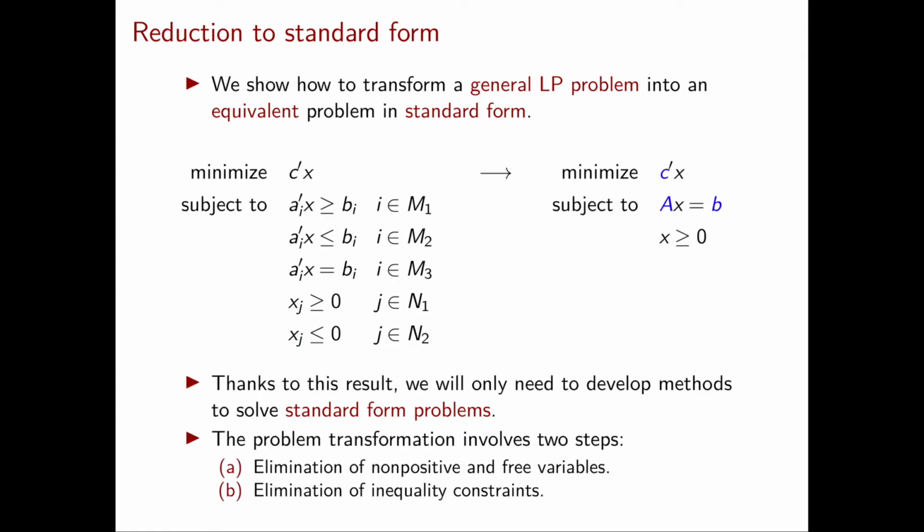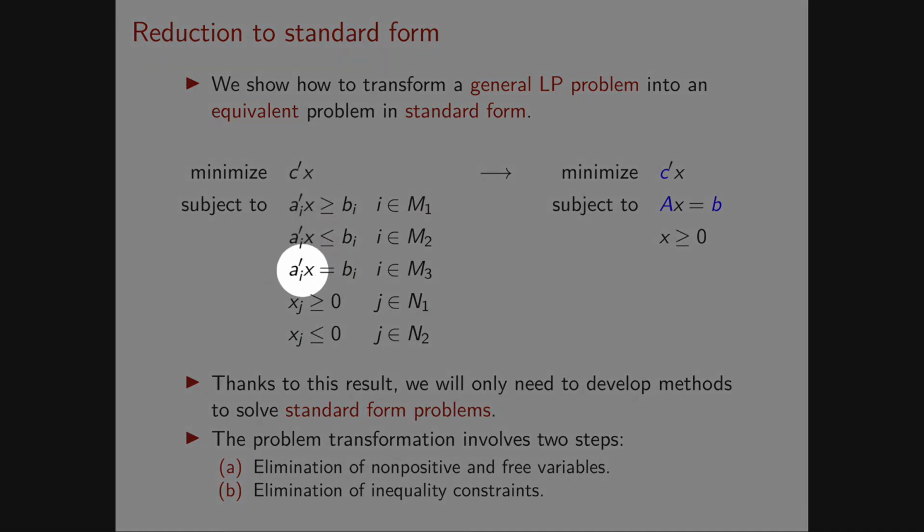So what do we really have to do in this transformation? Well, the equality constraints, of course, are no problem. We can directly write them in a standard form problem. However, we have to eliminate somehow the inequality constraints, both those of the form greater than or equal to and those of the form less than or equal to. And then, what about the single variables?